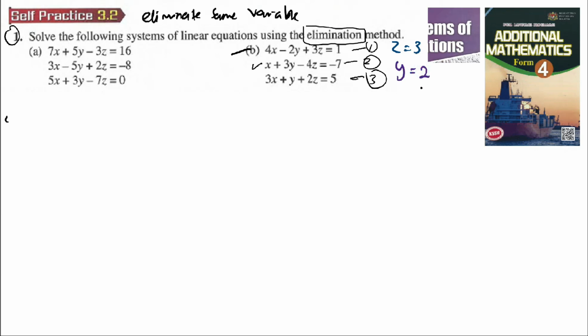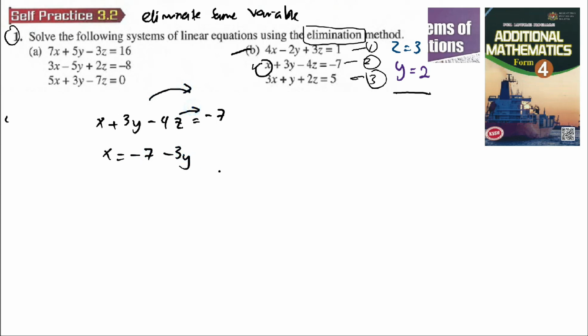Okay, so you have these two variables, so you can use any of 1 to 3 to get the value of x. So just choose any of 1 to 3. So if I want to use 2, x plus 3y minus 4z is equal to negative 7. I want to find x, right? Why I use 2? Because this one x is just x. So x is equal to negative 7 minus 3y, bring to the other side, become negative.